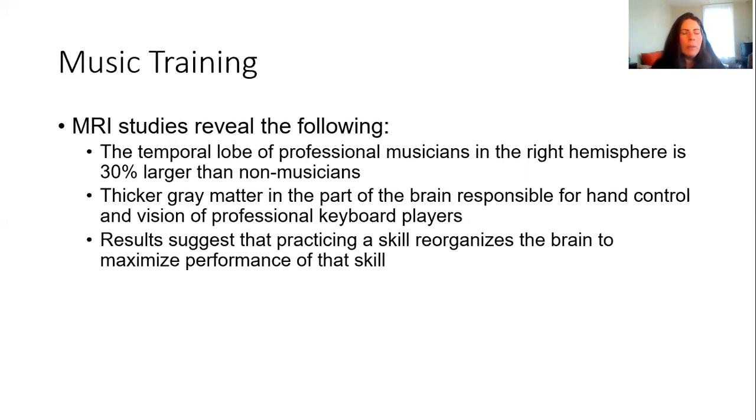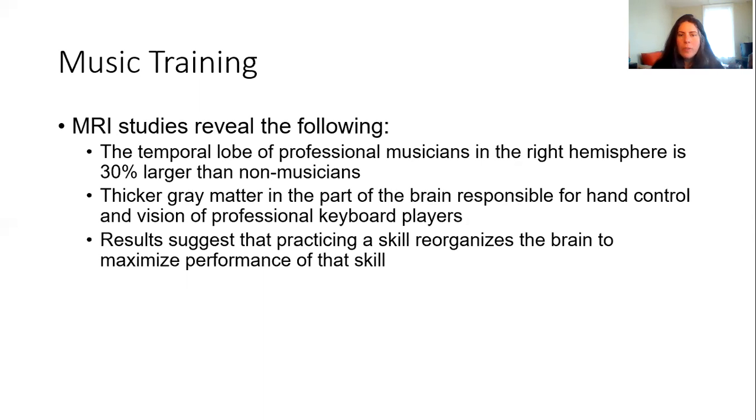So we can talk a little bit about music training. MRI studies reveal the following. The temporal lobe of professional musicians in the right hemisphere is 30% larger than non-musicians. There is thicker gray matter in the part of the brain responsible for hand control and vision of professional keyboard players.